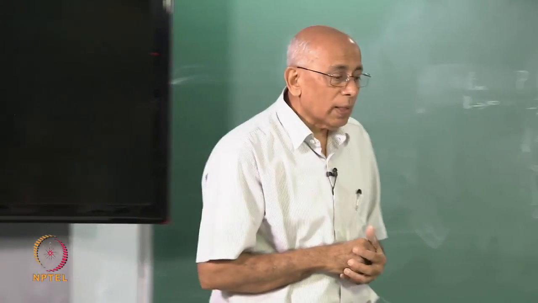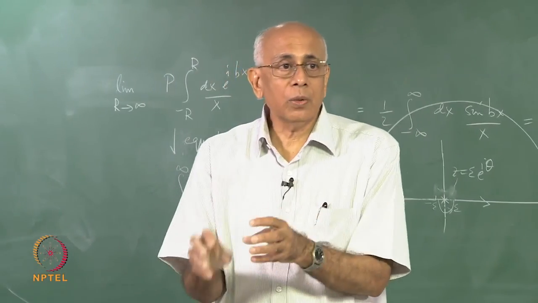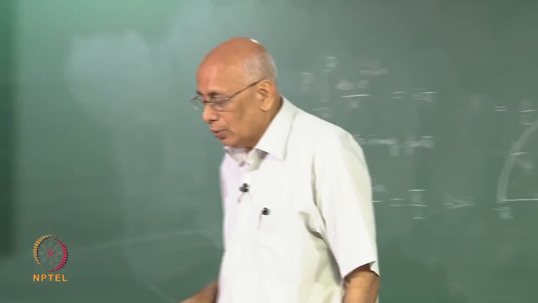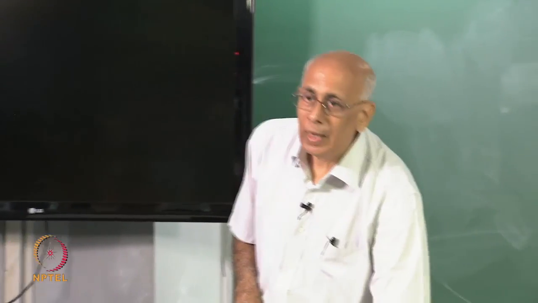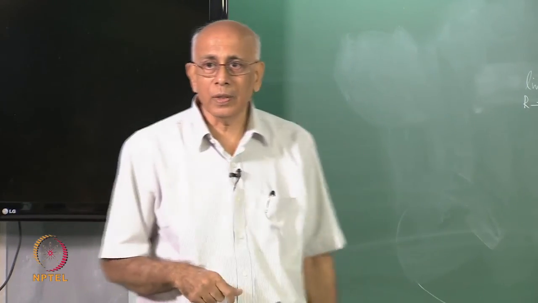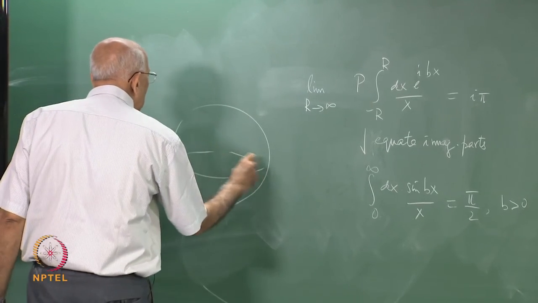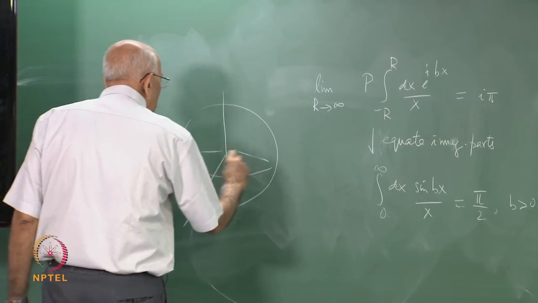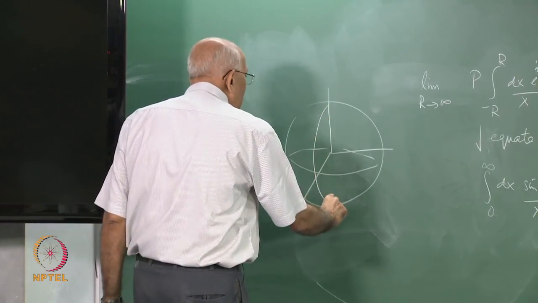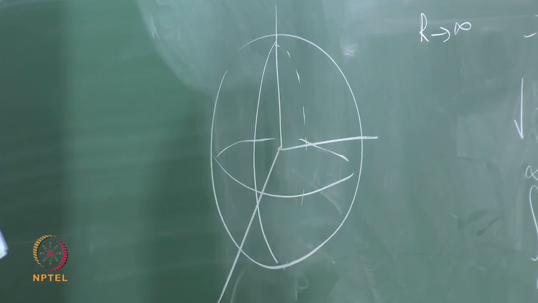Now you could ask, what kind of singularity does 1 over sine pi z have, which has a pole at 0, at 1, 2, 3 and minus 1, minus 2, minus 3 etc.? What does it do at infinity? Well, these poles go to an accumulation point. You must ask, what do they do on the Riemann sphere? On the Riemann sphere, if you recall, the positive real axis corresponded to 0 longitude, the negative real axis corresponded to 180 longitude on the other side.